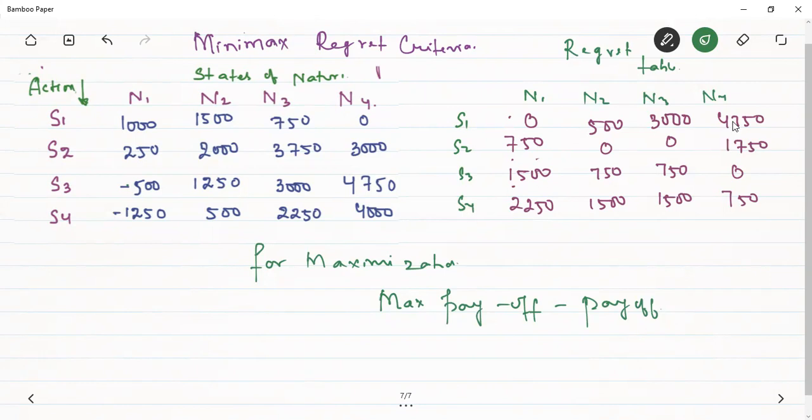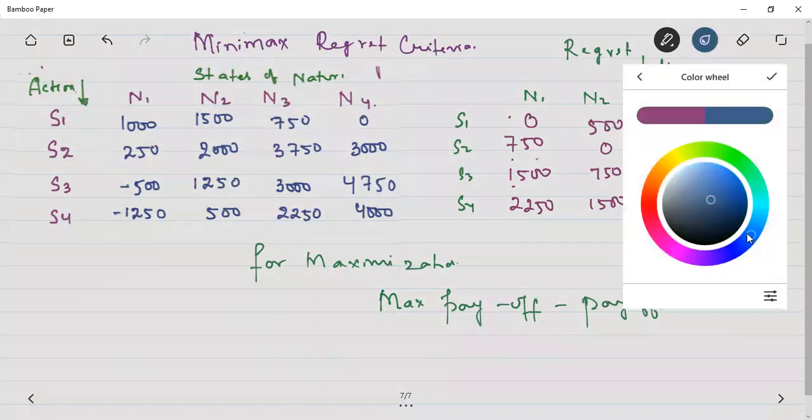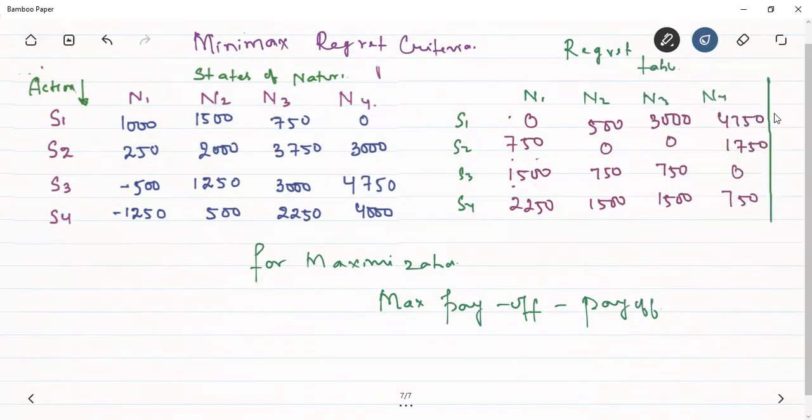Among them, in the first course of action, the maximum is 4750. In the second course of action, the maximum regret is 1750. In the third, it is 1500. And in the fourth, it is 2250.